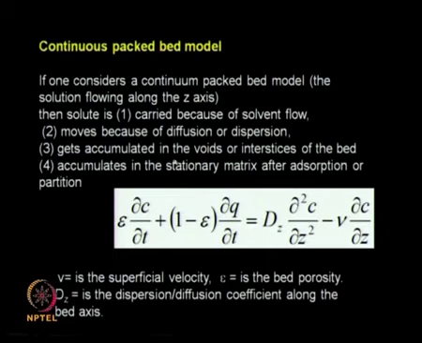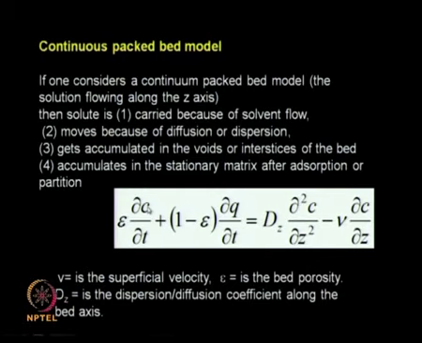So the left hand side is all related to accumulation, and the right hand side has two terms, one related to the diffusion or dispersion of the solute along the bed axis, the other one because of the movement of the solvent, and this is how we end up with a partial differential equation. We have z, the axis of the column, so there is going to be concentration variation along the axis of the column, and concentration as a function of time as well, that is why we have t coming here.